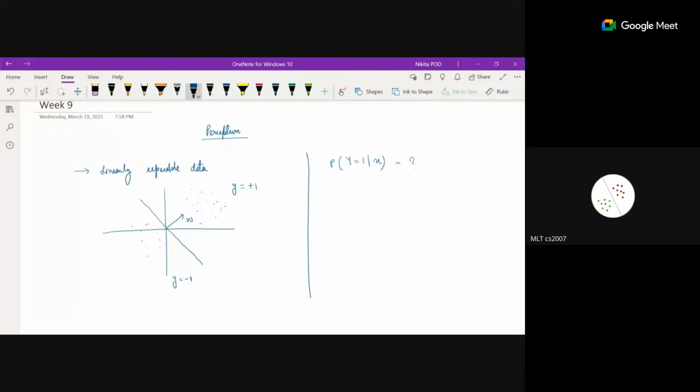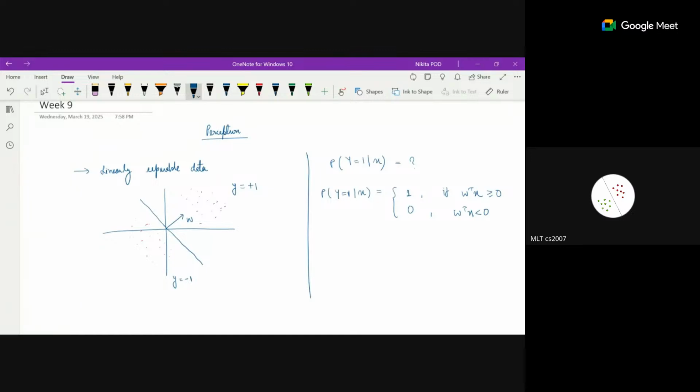The assumption that we make over here is that the probability of y is equal to 1 given x should be 1 if w transpose x is greater than or equal to 0, and 0 otherwise. Otherwise means if w transpose x is less than 0, we just write that it takes a probability 0.